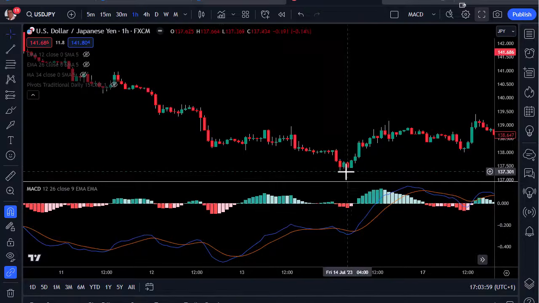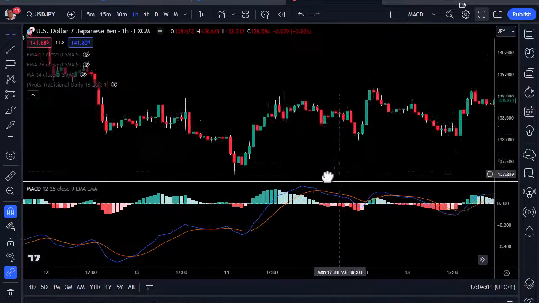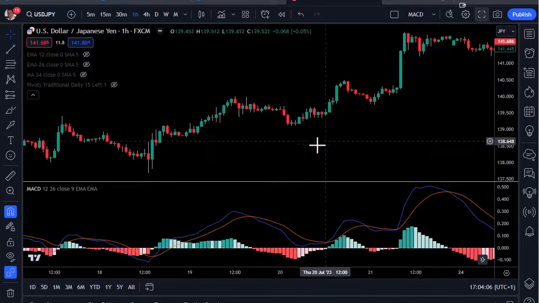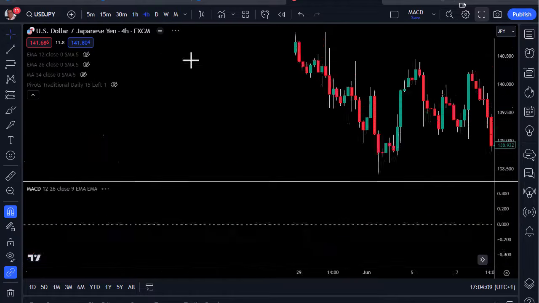So here eventually it's turned around, and it's taken a bit of a while, but it shoved up, and you've got a decent move on it. We switch it to a 4-hourly chart.